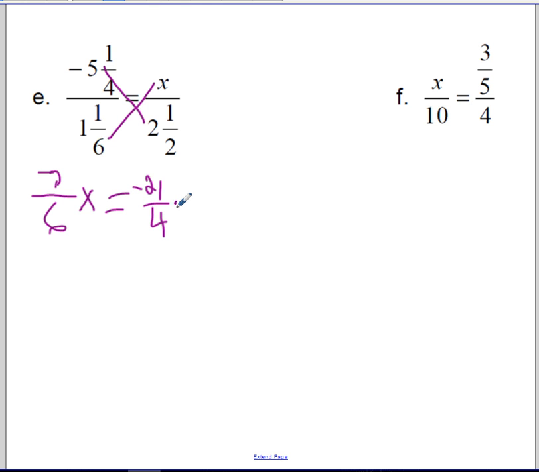And that's getting multiplied by 2.5, which is 5/2. We can't simplify there, so we'll just go ahead and multiply. So we have 7/6 x, and that is the same as negative 105/8.